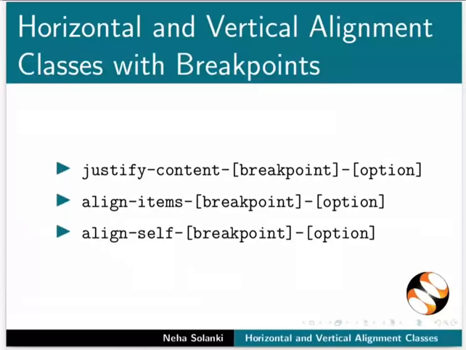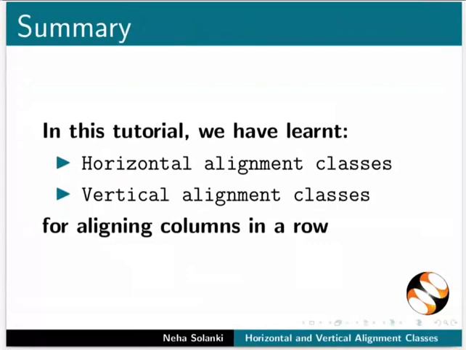Horizontal and vertical alignment classes can also be used with breakpoints as shown here. You can try these classes later for your own understanding. With this, we have come to the end of this tutorial. Let us now summarize. In this tutorial, we have learned horizontal alignment classes and vertical alignment classes for aligning columns in a row.